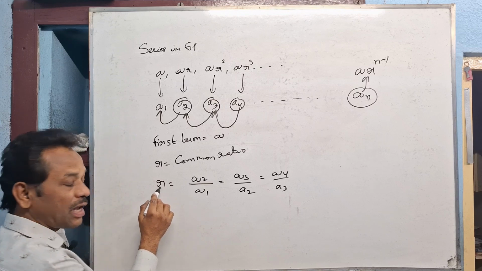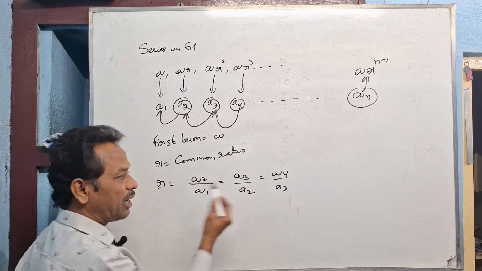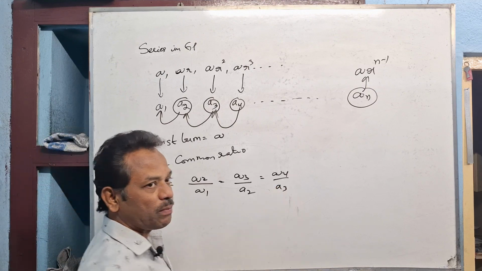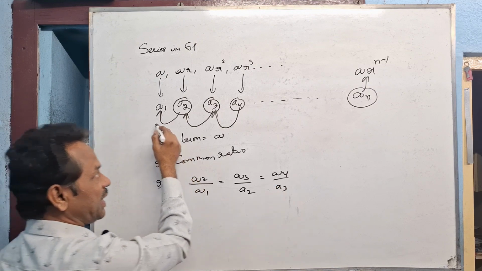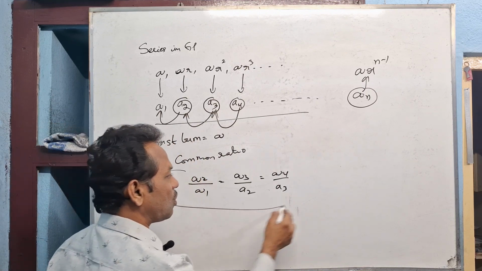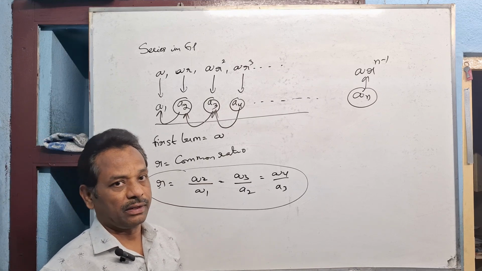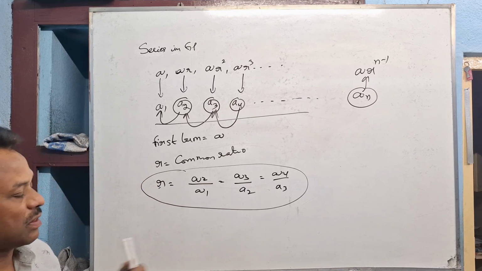That means R can be found by using A2 by A1 or A3 by A2 or A4 by A3. If the given series is in GP, then always remember that the common ratio will be the same. Otherwise, the series is not in GP. Just make a note of this.